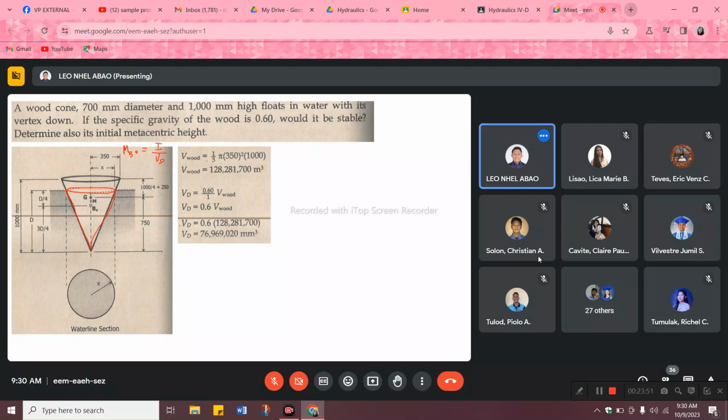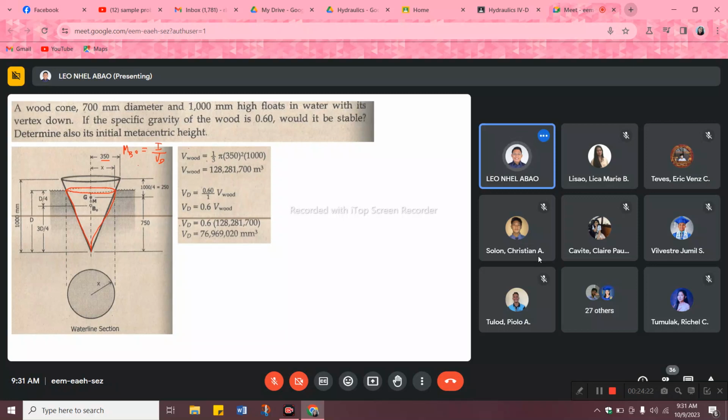But we do not know it yet. Again, looking at the figure, the part in the water is at the top. Our initial radius is 350, but the radius of the submerged cone is x. This is unknown, so we need to find it. So for the initial volume, how do you get this volume given this shape?